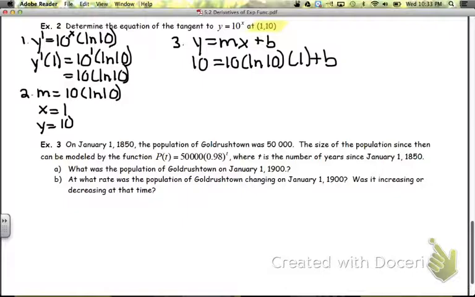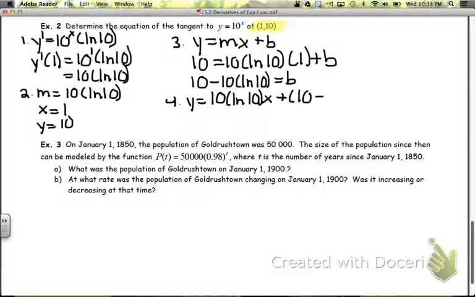So I can isolate, so I can solve for b. So 10 minus 10 ln 10 will be equal to b. Now I can put this into my equation, y equals 10 ln 10 x plus 10 minus 10 ln 10.